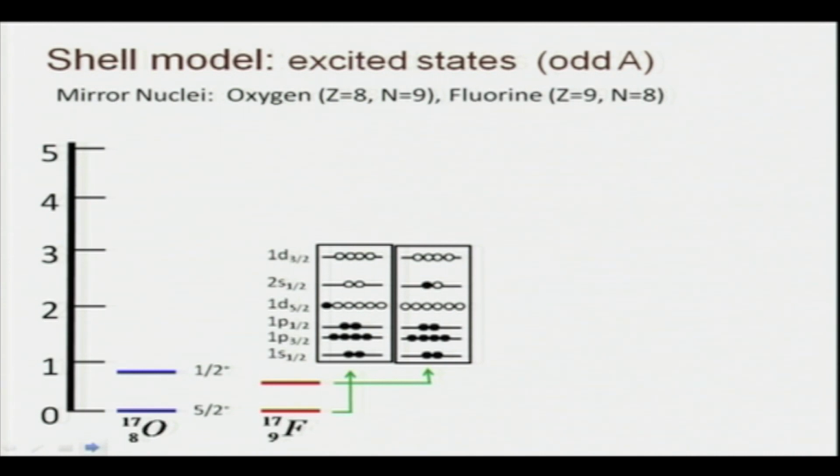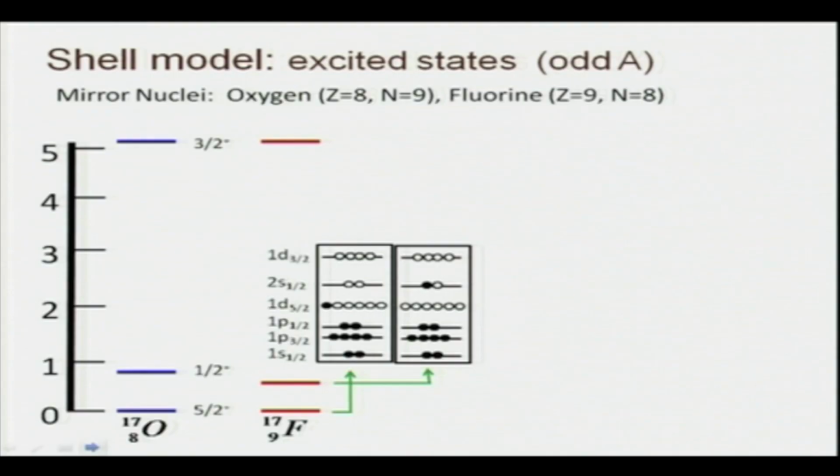Right. So, indeed, that will have I 3/2 and positive parity, even parity. We will call positive parity as even parity, negative is odd parity. Indeed, there is an excited state 3/2 plus for both oxygen and fluorine.